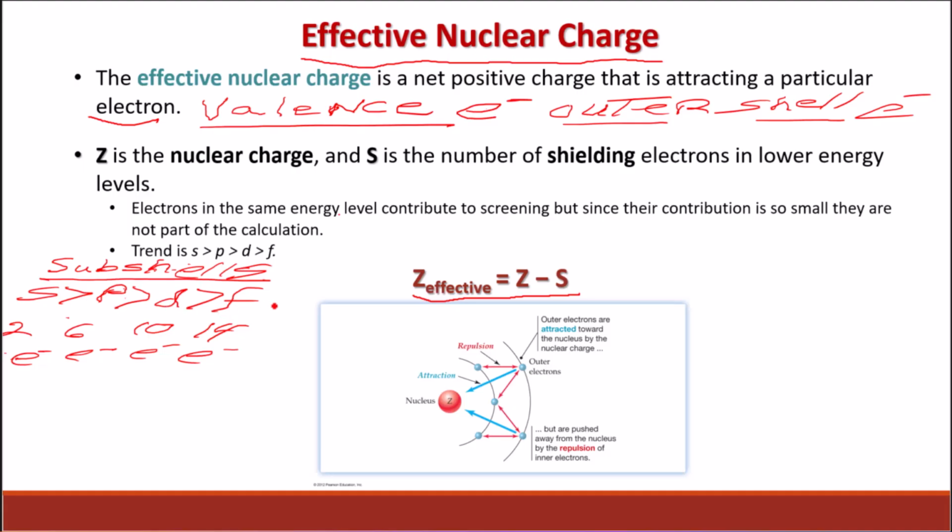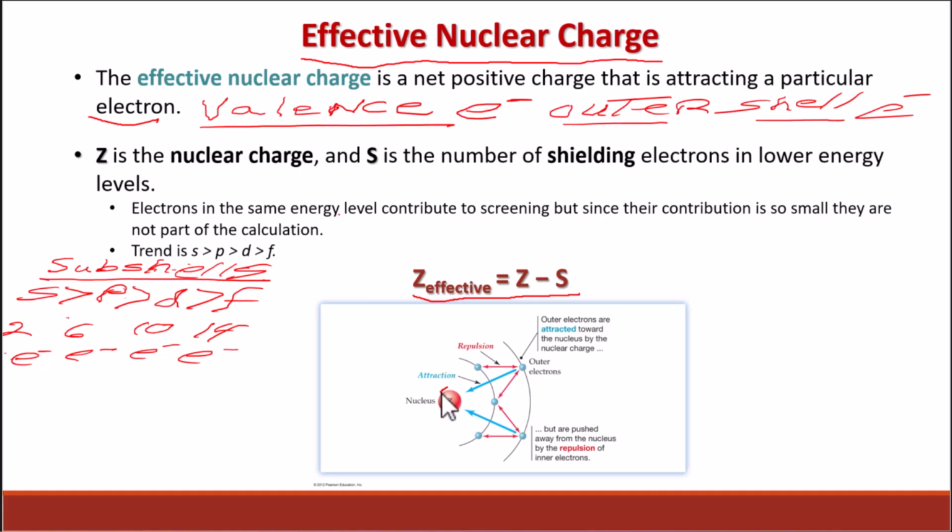The further away from the nucleus, the less shielding effect the electrons in those subshells have, okay? Remember, 2, 6, 10, 14, S, P, D, F. That might be a question by itself on the next exam, exam 4.